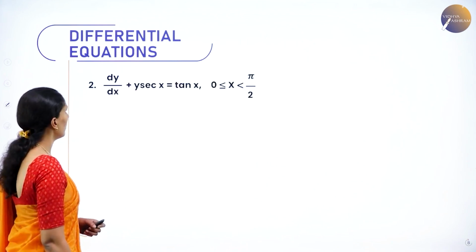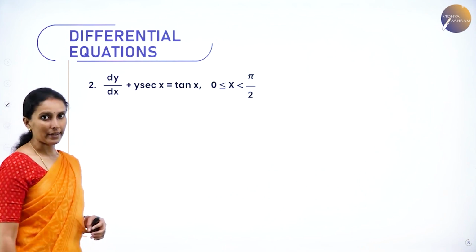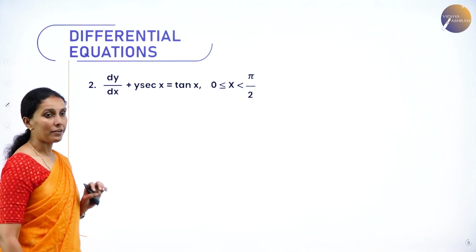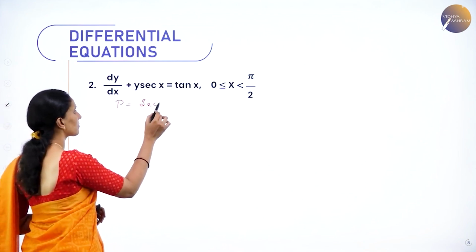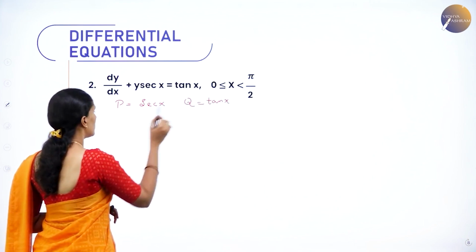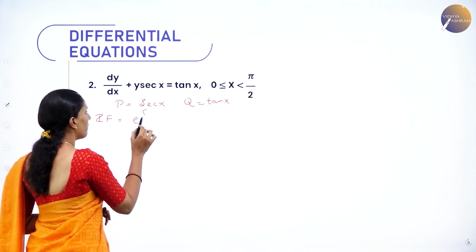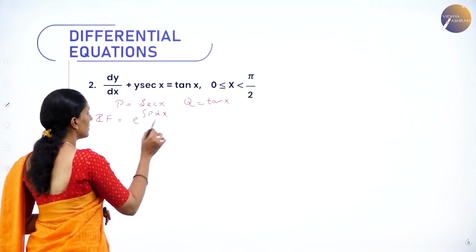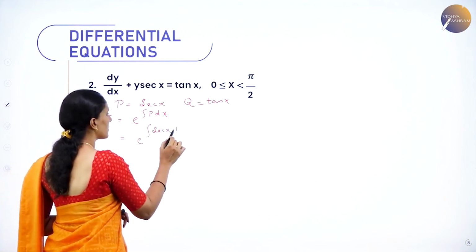Next, dy by dx plus y secant x is equal to tan x. This is already in the standard form. So therefore here the value of p is equal to secant x and q is equal to tan x. So let me find the integral factor, which is e to the power of integral p dx, which is e to the power of integral secant x dx.